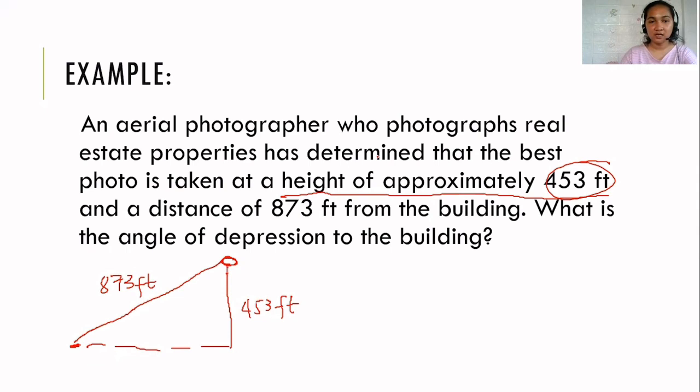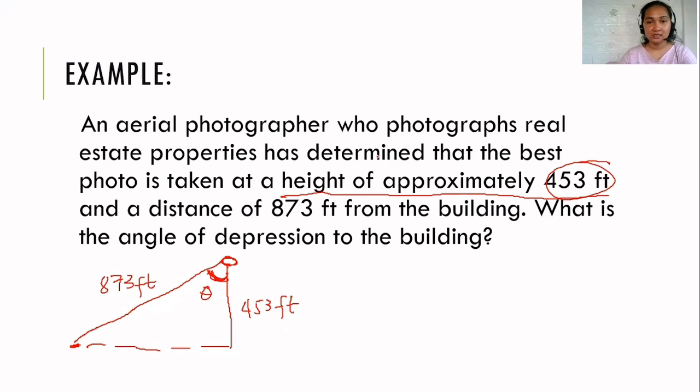Since we need to find the angle of depression, this angle right here will serve as your theta. What trigonometric function is applicable in this case? What we have here is the adjacent side and the hypotenuse. That means we can use cosine.